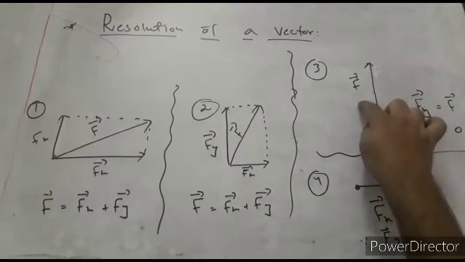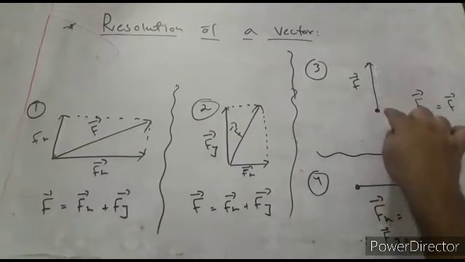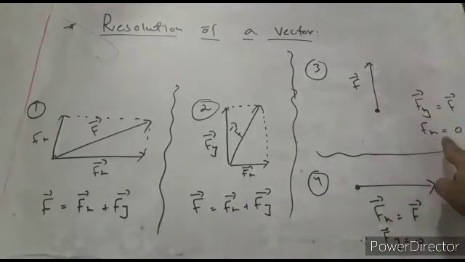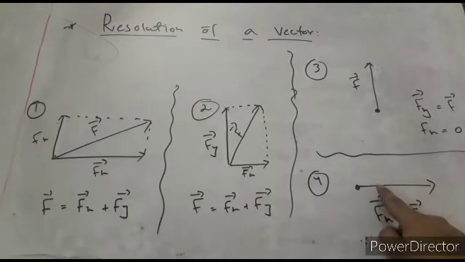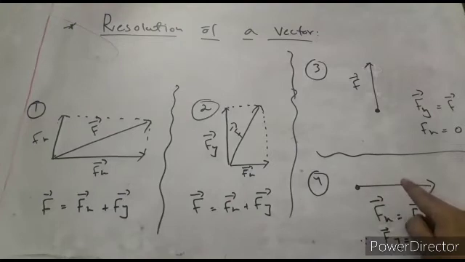So this will be the y component as well, and there is no x component in this case. And in this case, our vector is only in the x direction along the x-axis. So the whole vector is equal to its x component, and there is no y component here. Clear?